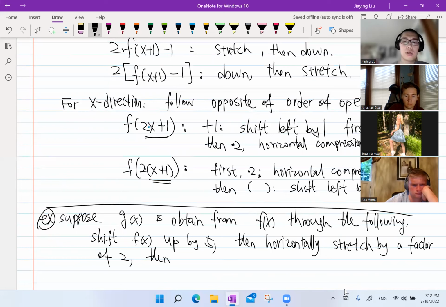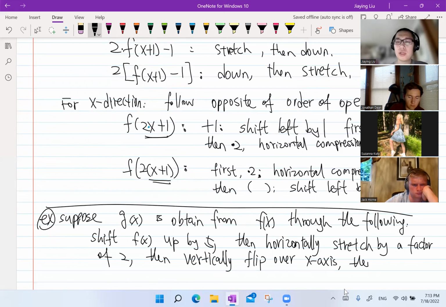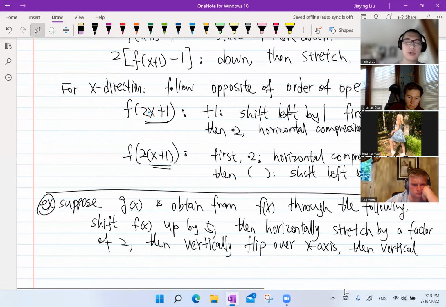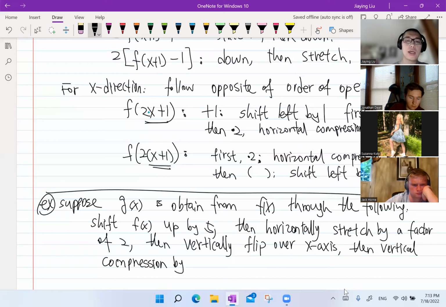Then vertically flip over the x-axis. Then at the end, we're going to do a vertical compression by 1/3.